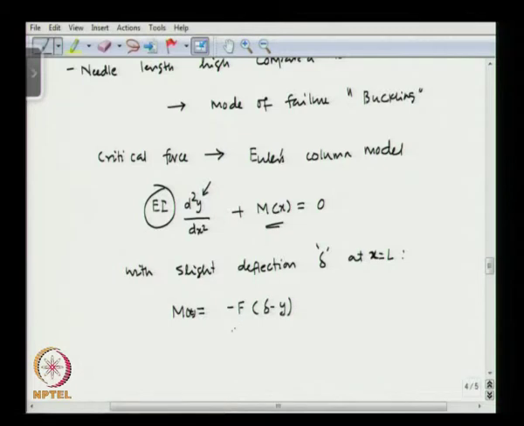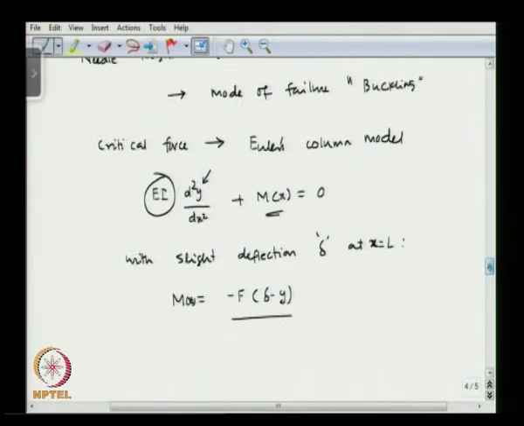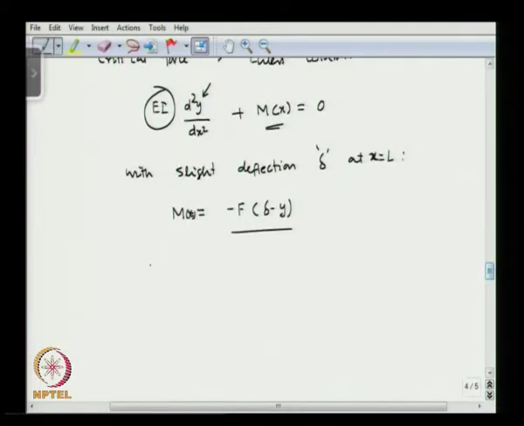So, we can solve this equation, d square y over dx square is going to be F into delta minus y.